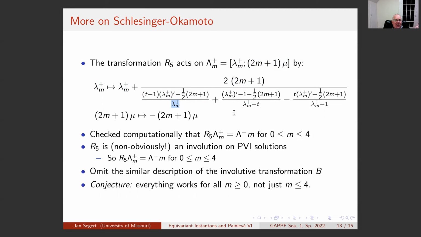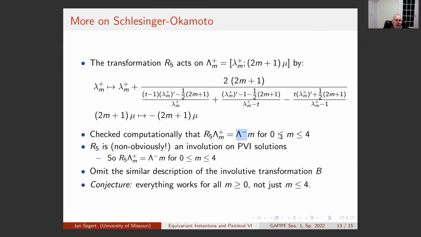And what I did is I've computed all these guys up through m equal to 4, both the plus and minuses, and I just computationally checked that this particular transformation, which does this to the function, takes those horrible rational functions, transforms among each other this way. So this is a computational proof up to m equals 4.